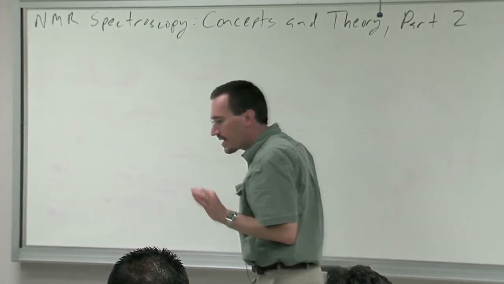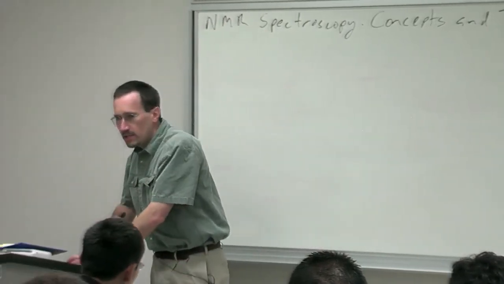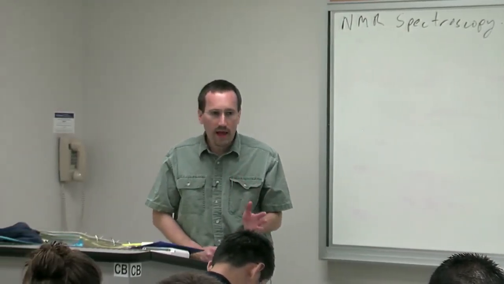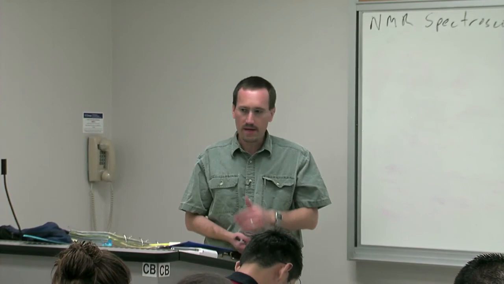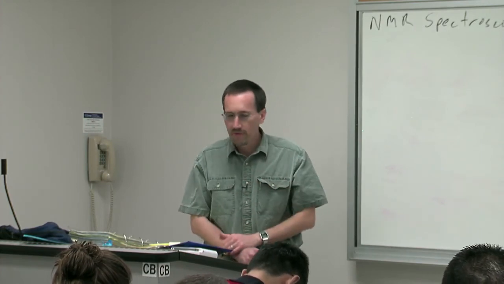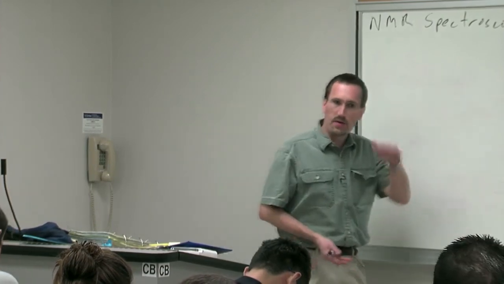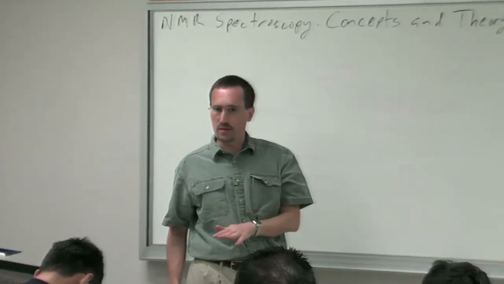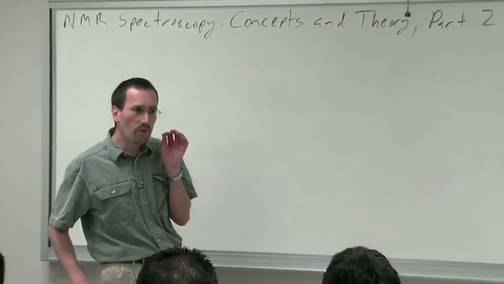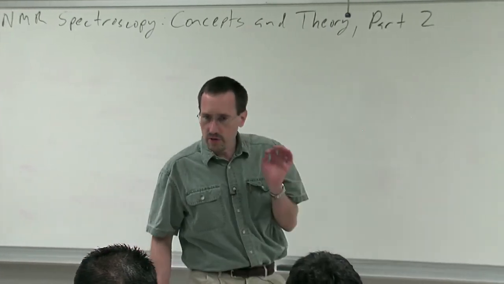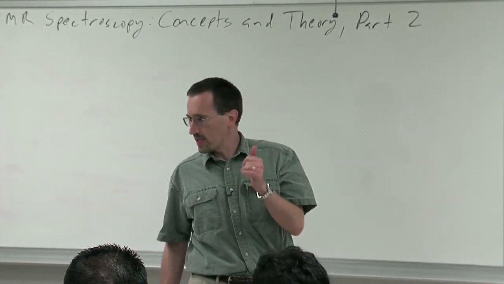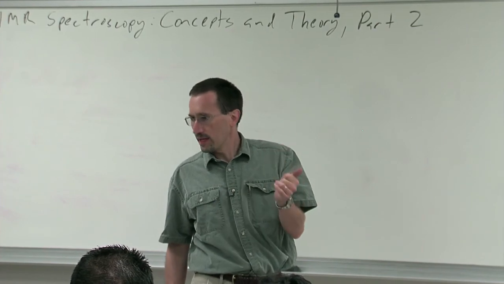And because that energy difference is so small, unlike IR spectroscopy or electronic spectroscopy, UV-vis spectroscopy, where the energy differences are very big and all of your molecules are in the ground state, here there's only a minuscule number of nuclei in the lower state more than the number in the upper state.